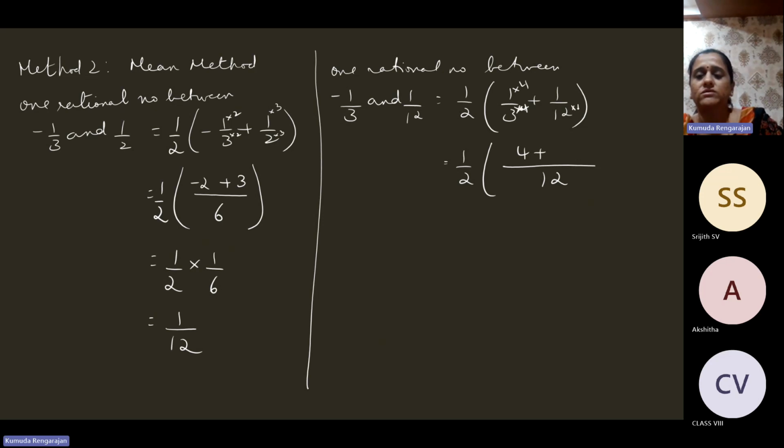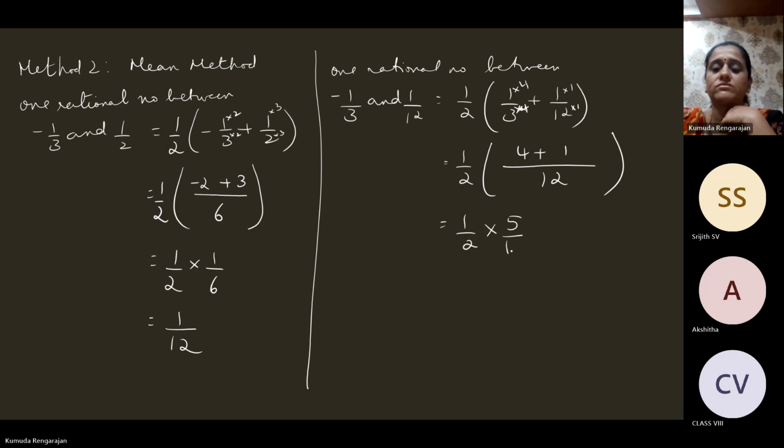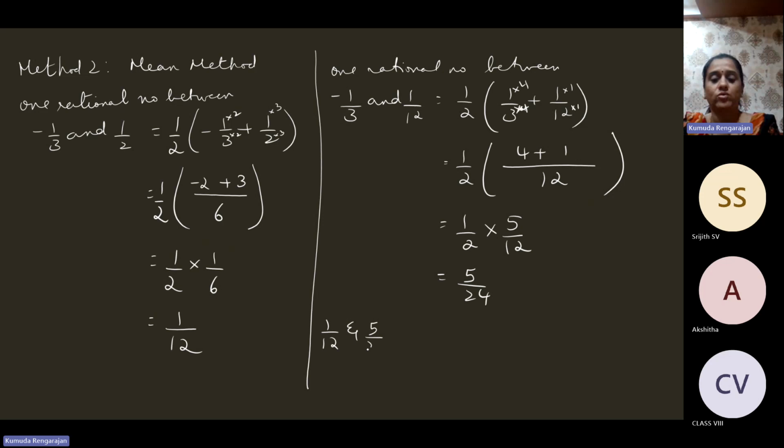Here it's into 1. So 1 by 12 and 5 by 24 are two rationals between minus 1 by 3 and 1 by 2.